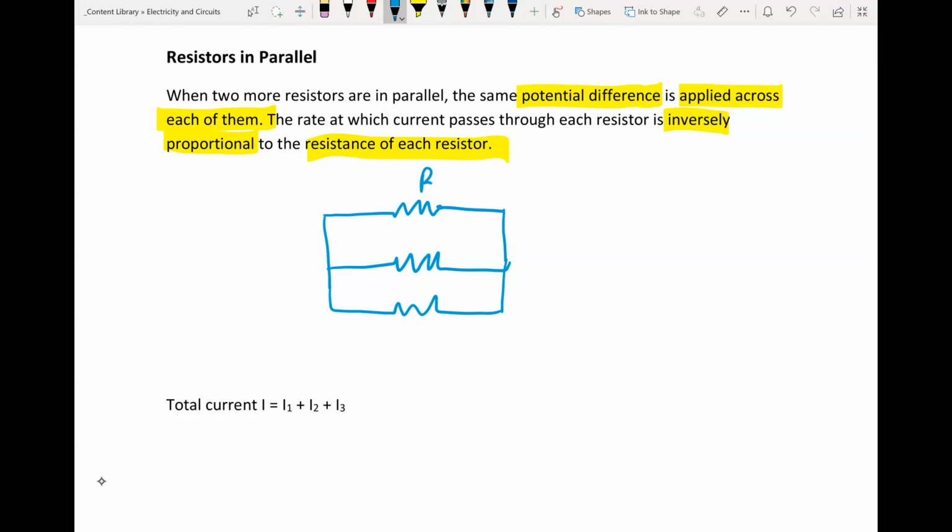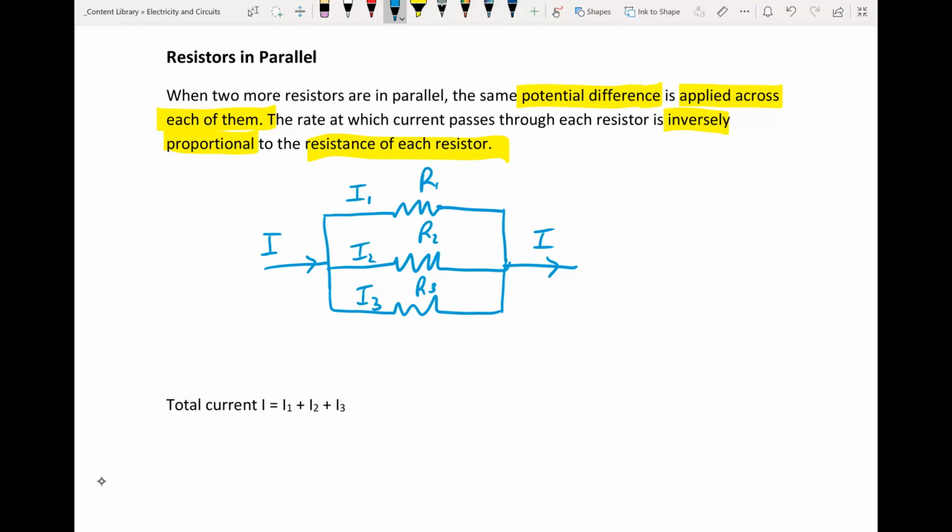Okay, so this is resistor number 1, resistor number 2, and resistor number 3. We'd also have current I1, I2, and I3, but 1, 2, and 3 all combined is just I. And then with our output, it'll just come back out as just I.